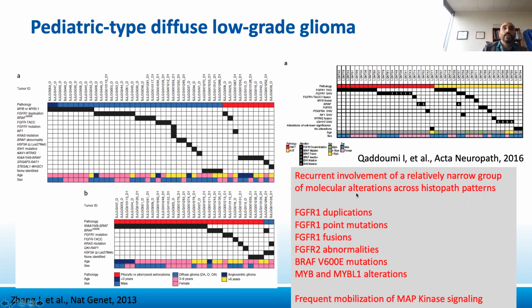So you see recurrent involvement of a relatively narrow group of molecular alterations, highly enriched in alterations involving FGFR1, duplications, point mutations, fusions, FGFR2 abnormalities make an appearance too, BRAF V600E mutations, and involvement of these transcription factors, MYB and MYBL1, which increasing studies have actually shown also, through a roundabout way, tend to mobilize MAP kinase pathway signaling.